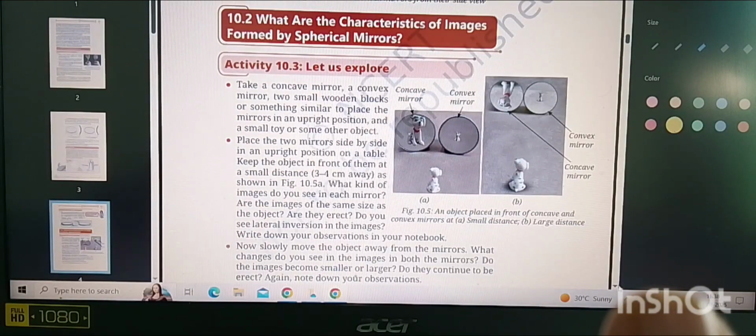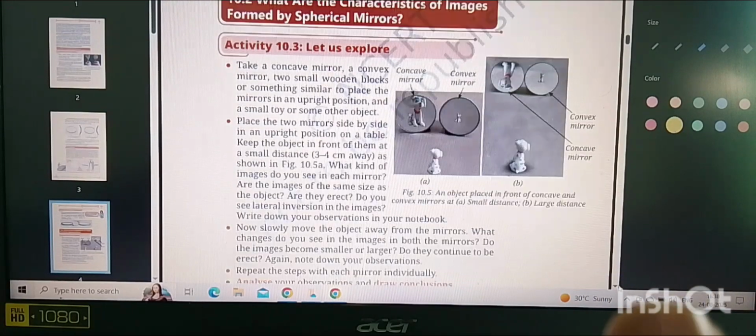Next we are going to learn the characteristics of images formed by spherical mirrors. It is a very important topic in all exams, so you have to keep this in mind. See the image here. The object is placed in front of a concave mirror as well as a convex mirror.